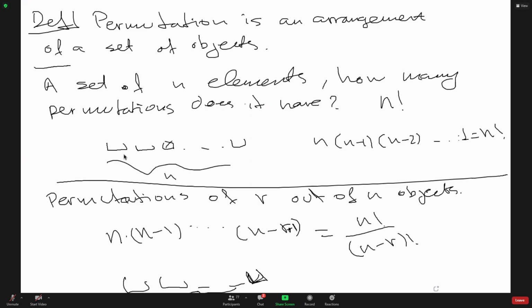If you think of how you fill in the boxes, you have n choices for the first one, n minus 1 for the second, n minus 2 for the third, etc. And for the rth, you have n minus r plus 1.